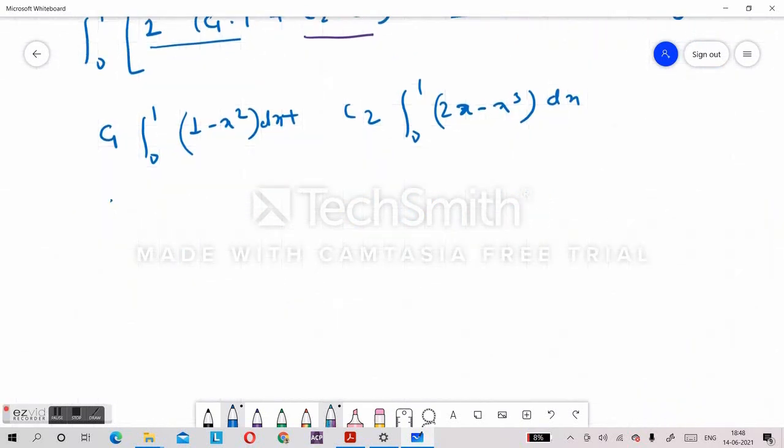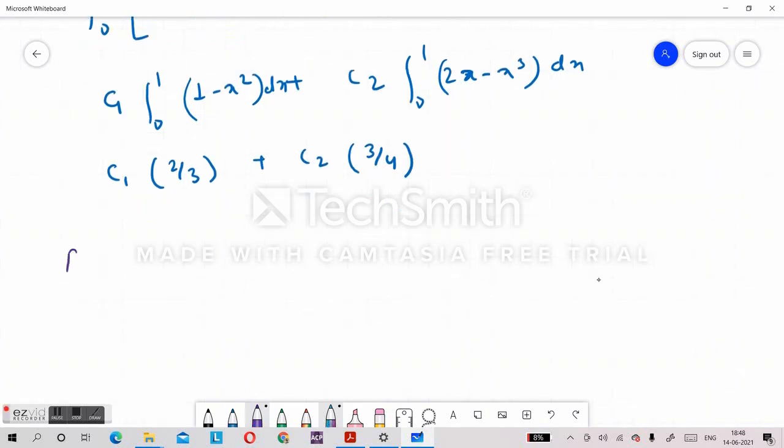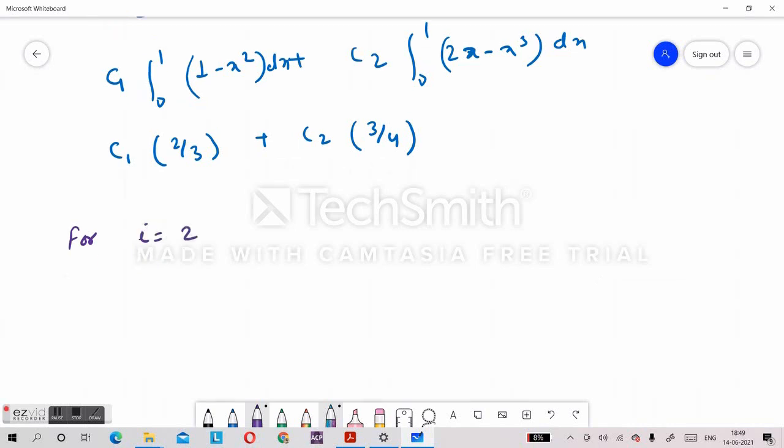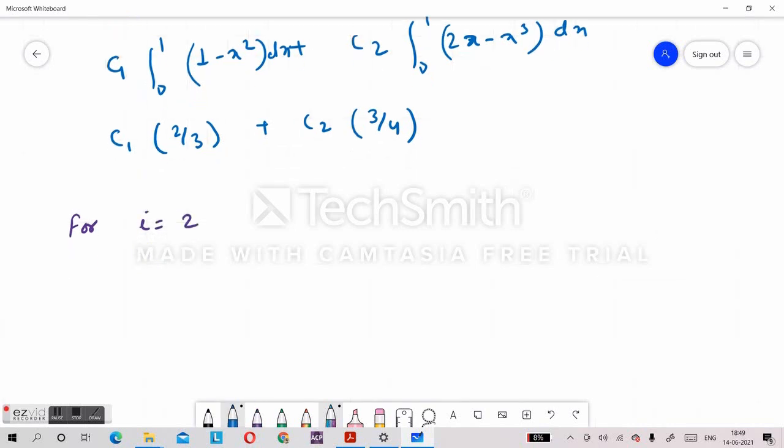Now again solving, you can solve it with the help of your calculator, or you can solve it manually. It is very easy integration. Then this term comes out to be 2 by 3, and this term comes out as 3 by 4. Now we will solve for i equals 2.